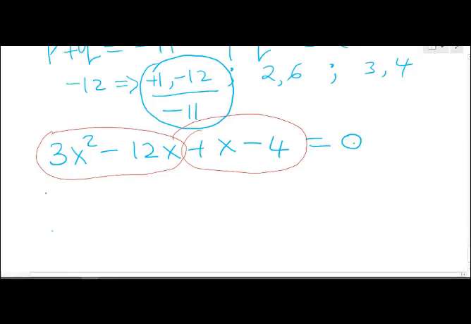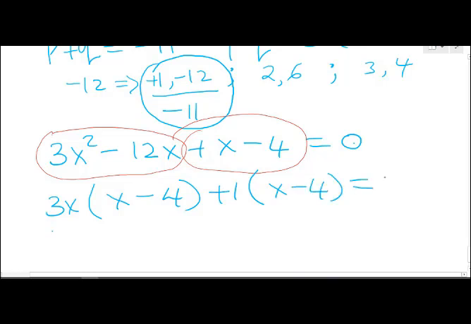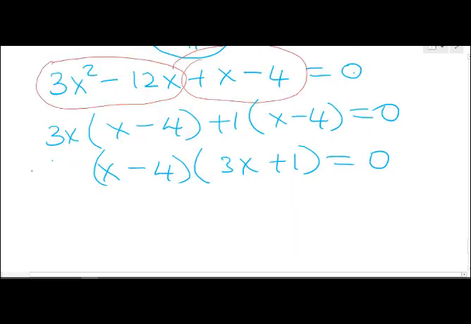In this case, 3x is common, so therefore we have 3x into brackets. We are left with x minus 4. In the second group, 1 is common, so we factor out 1. Hence, we have x minus 4 is equal to 0. The two brackets are common, so we factor them out. So we have x minus 4 into 3x plus 1, and this one is equal to 0. Now I have two choices to make.